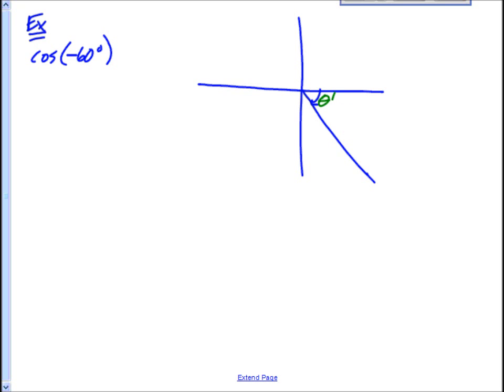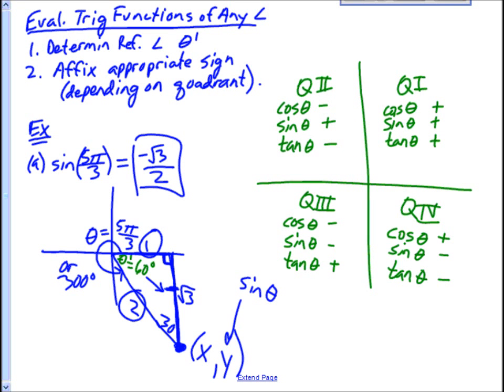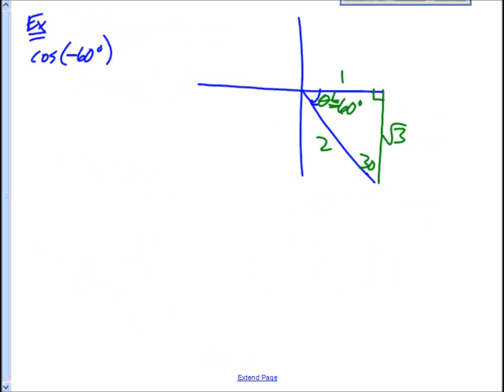Theta prime is 60 degrees, right? Theta prime is the distance, again, between the terminal side and the horizontal axis. Now I create a right triangle. I say 60, that's a 30, 60, 90 again. 1, 2, root 3. Oh, this wasn't the greatest problem. Looks like it's the exact same problem, isn't it? Oops, sorry about that.